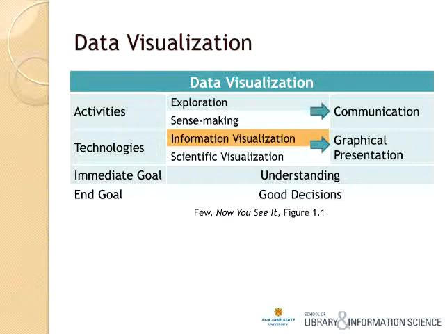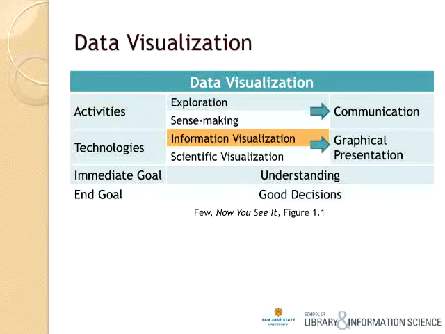So this figure explains some of the activities and goals in information visualization. First of all, data visualization is a big umbrella that covers two topics, information visualization and scientific visualization. Scientific visualization is usually concerned with the three-dimensional physical structure of an object, such as, as we said earlier, the human body and geography, while information visualization focuses more on analyzing abstract data.